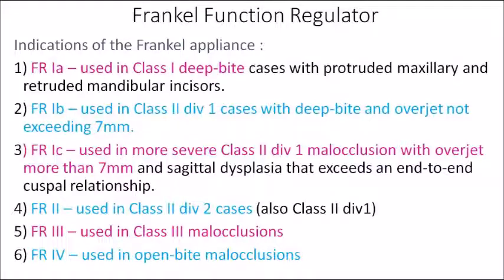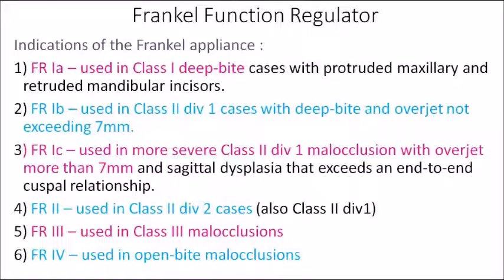Now coming to 1B and 1C. They are used in class 2 division 1 malocclusions. 1B is used in class 2 division 1 cases with overjet not exceeding 7 millimeters, whereas 1C is used in class 2 division 1 cases where the overjet exceeds 7 millimeters and the sagittal dysplasia exceeds an end-to-end cuspal relationship.